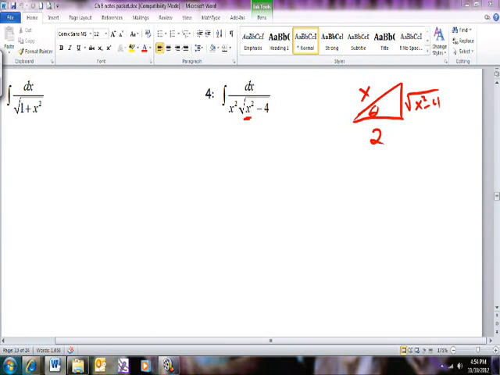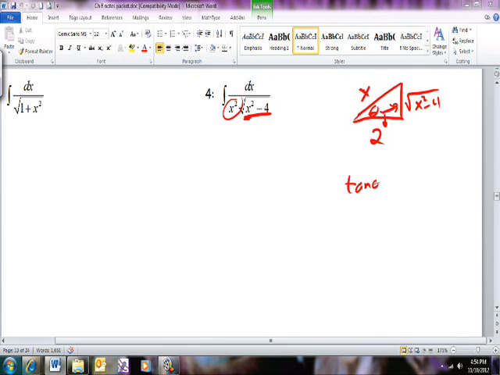So the triangle is sometimes the hard part, but that's the main idea here. So we need an x squared term, and then we also need the square root. Well, the square root's the easy one to draw. My square root's the opposite, and I want to avoid the x when I'm trying to write an expression for the square root. So I'm going to use my opposite and my adjacent, which is tangent.